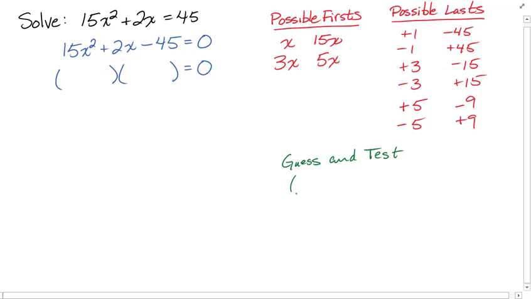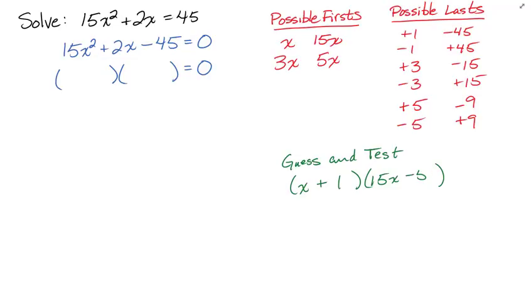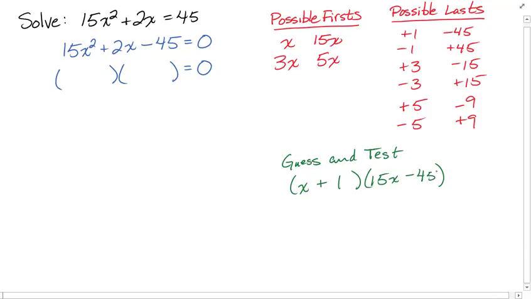So maybe we just say, oh well, could it be an x and a 15x along with a plus 1 and a minus 45, just trying that. Now there are a couple reasons that this wouldn't be the case, but we can just try it and see if it works, just choosing this combination.